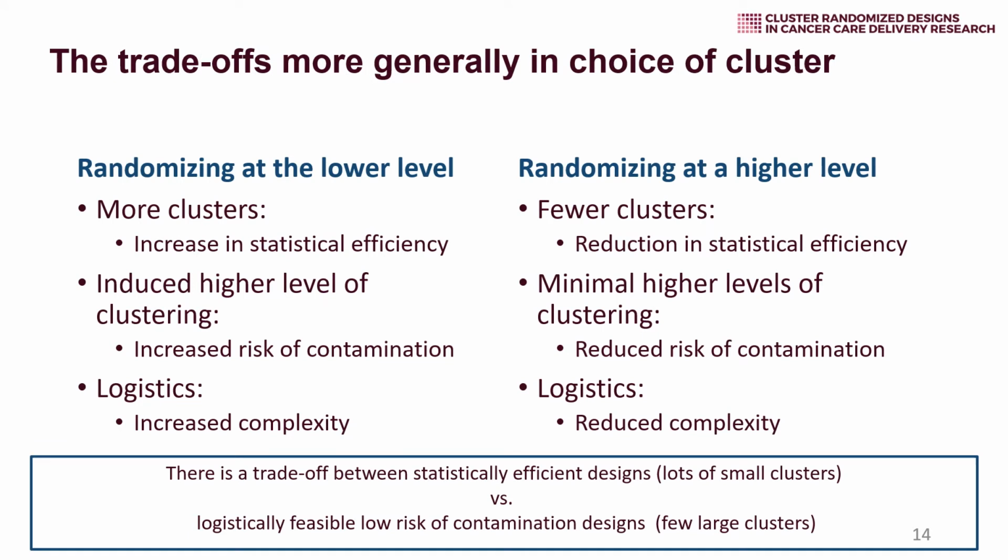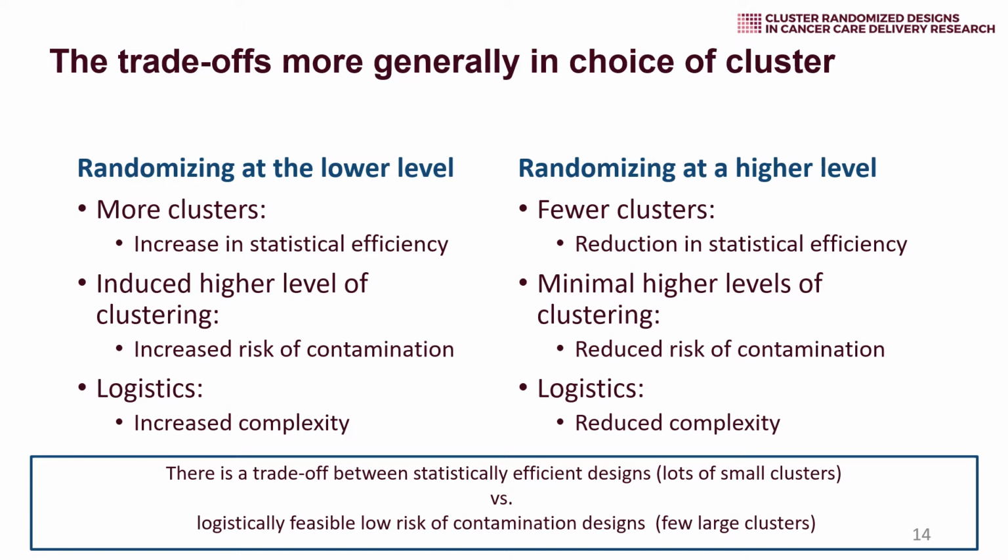So in general, there is a trade-off in the choice of cluster. If we randomize at the lower level, we tend to have more clusters in our trial, and this will increase the statistical efficiency. But it will also induce a lower level of clustering, which probably will lead the trial to an increased risk of contamination. And logistics will probably be worsened because of the increased complexity of having many randomization units in the study.